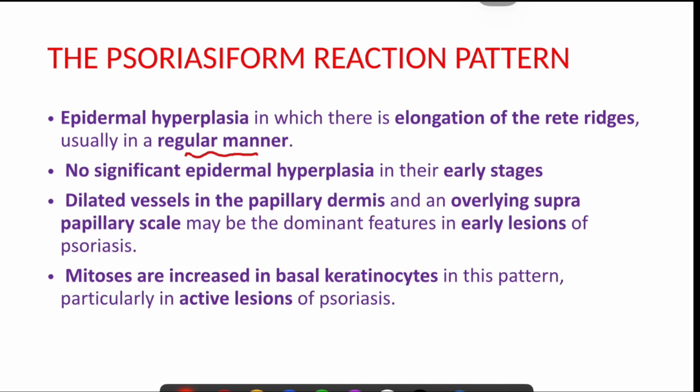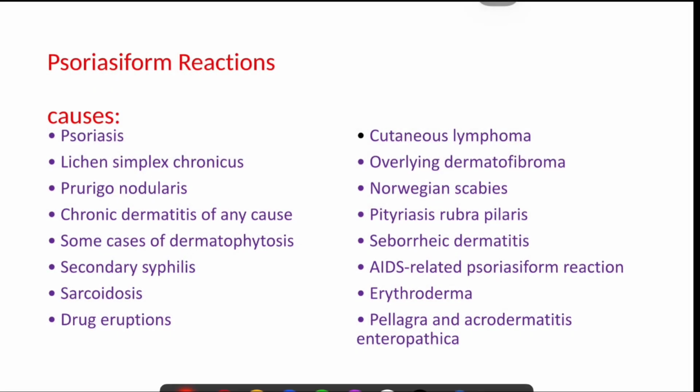No significant epidermal hyperplasia in the early stage. You can find dilated vessels in the papillary dermis, and an overlying suprapapillary scale may be the dominant feature of early lesions of psoriasis. Mitoses are increased in basal keratinocytes in this pattern, particularly seen in active lesions.